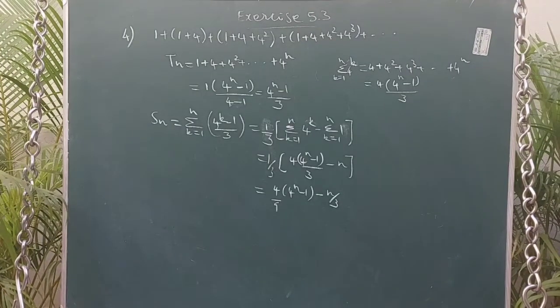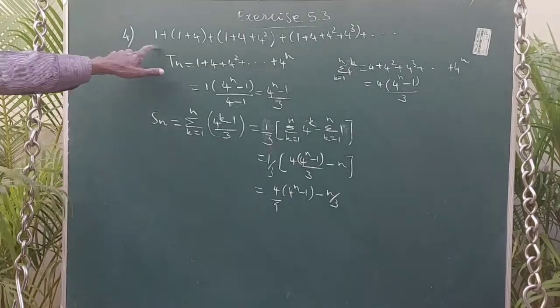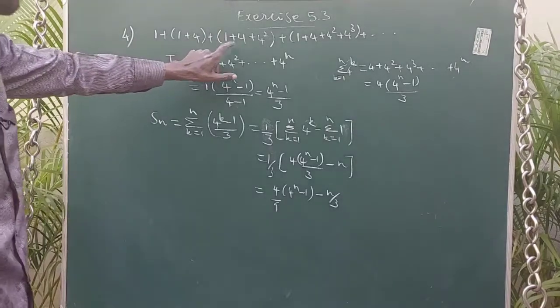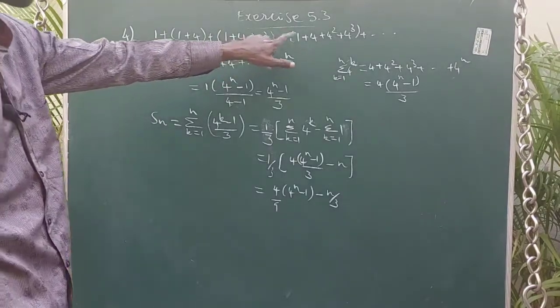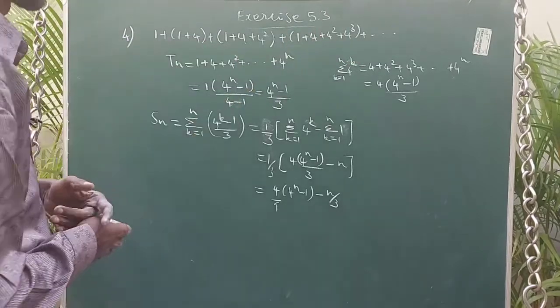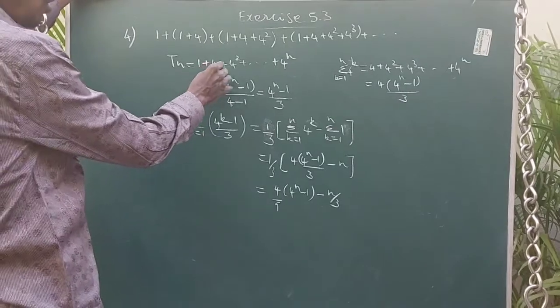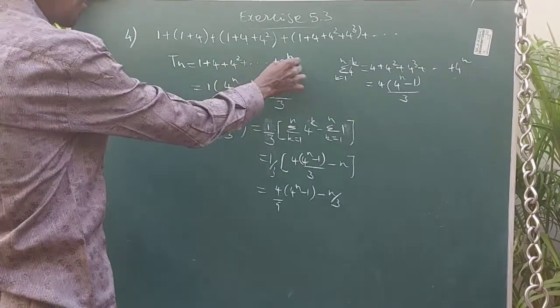Question number 4 in exercise 5.3. Compute the sum of the first n terms of 1 plus 1 plus 4 plus 1 plus 4 plus 4 square plus 1 plus 4 plus 4 square plus 4 cube. Consider the nth term of this series, it must be 1 plus 4 plus 4 square plus etc. up to 4 power n.